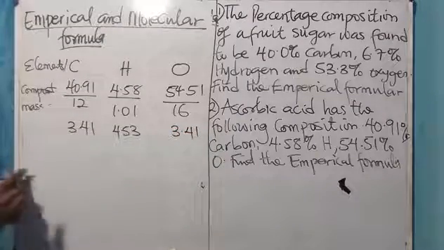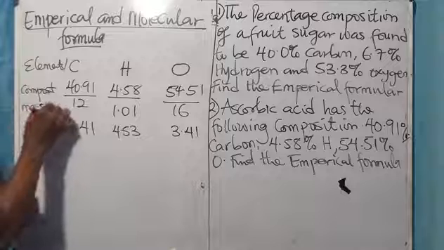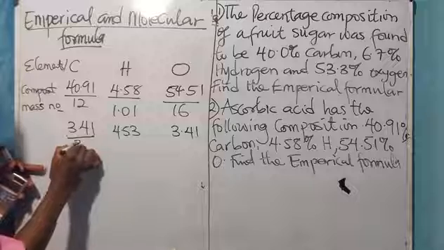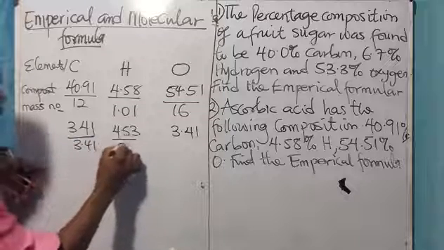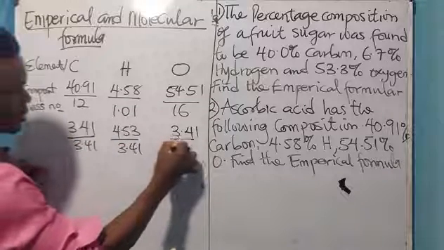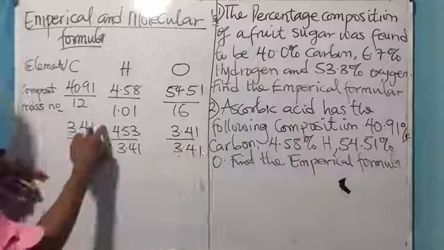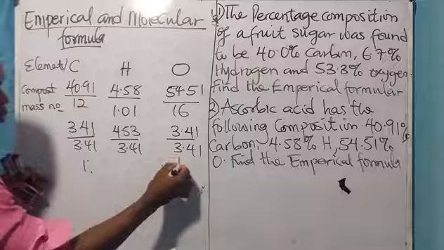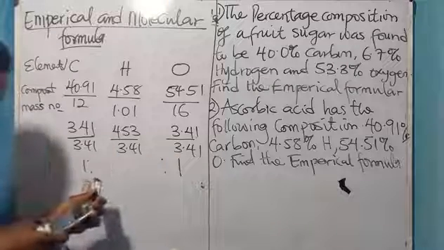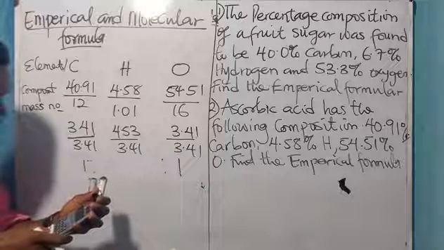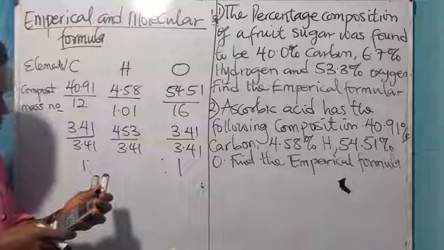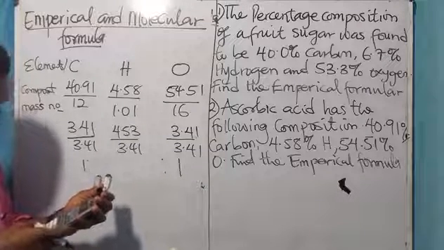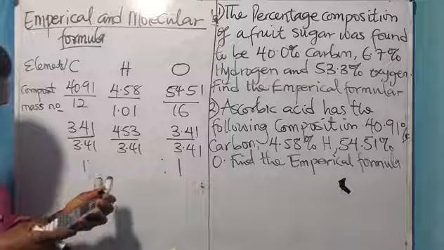Alright, so what do we do? Divide through by the least value. So we say 3.41, 3.41, 3.41. Because this is 1, this one is 1. So let's try the hydrogen one out: 4.53 divided by 3.41.